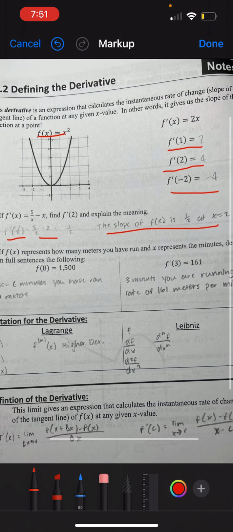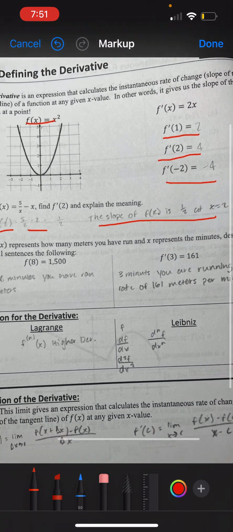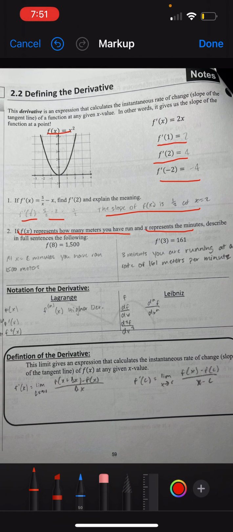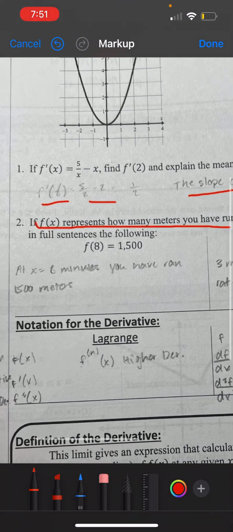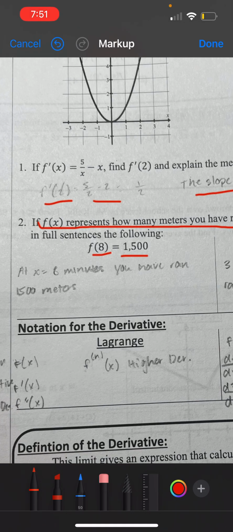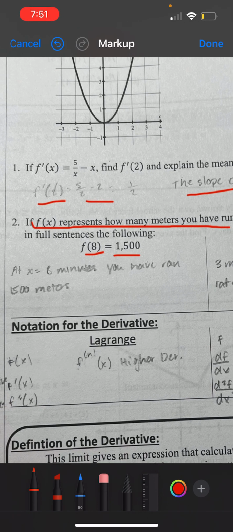If f of x represents how many meters you have run, and x represents the minutes, describe in full sentences the following. So 8 and 1500 are the numbers we have. So x represents the minutes.